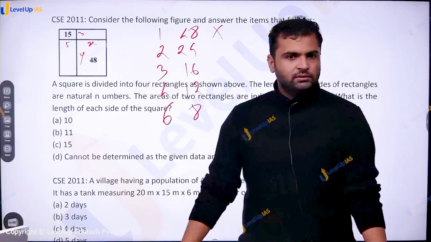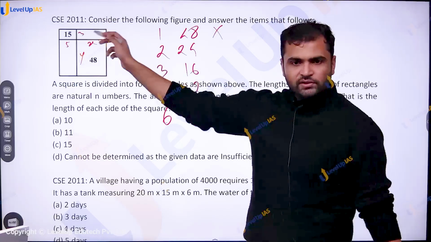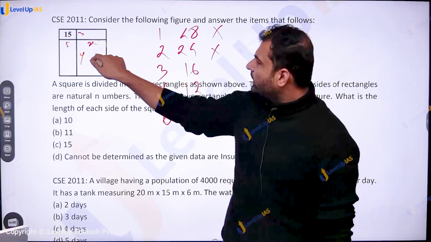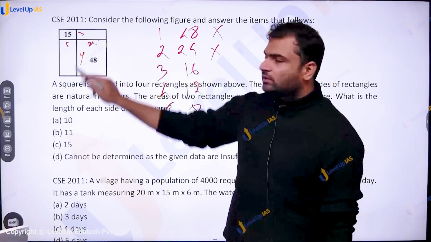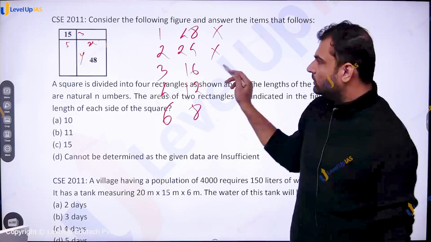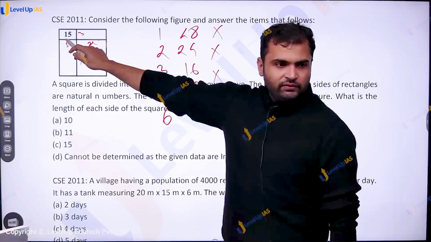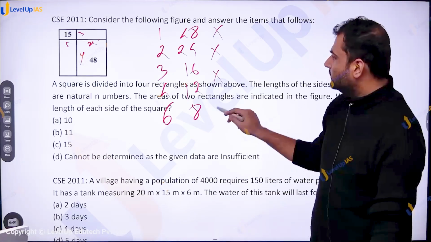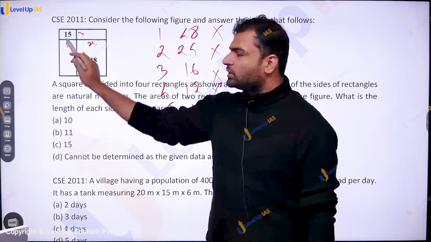2 and 24 again not possible. 24 plus 3 is 27, 2 plus 5 is 7. Then 3 and 16 again not possible, 3 plus 5 is 8, 16 plus 3 is 19, 8 and 19, not a square. Then 4 and 12, 12 plus 3 is 15, 4 plus 5 is 9, 9 and 15, again not a square. 6 and 8, 8 plus 3 is 11, 6 plus 5 is 11.